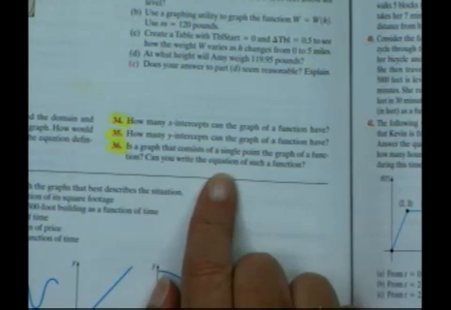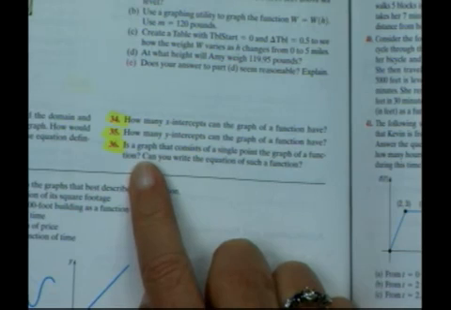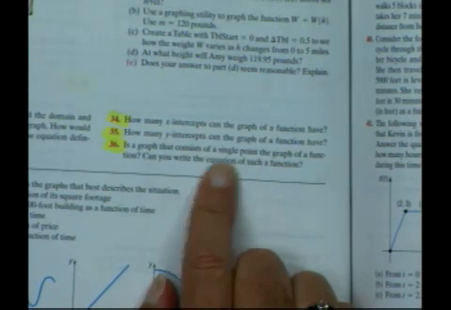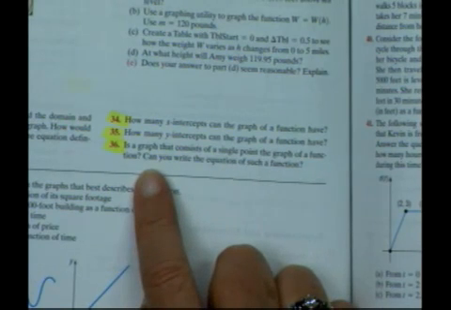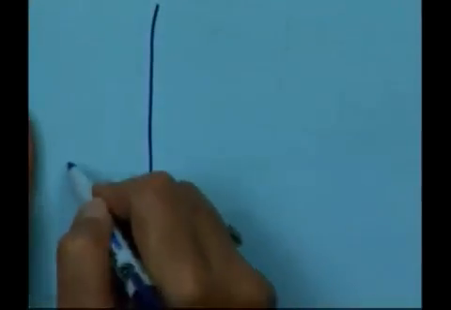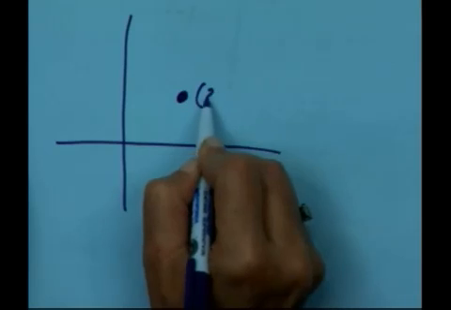Here's a trick question, kind of tricky. Is a graph that consists of a single point the graph of a function? Let's get a visual of what it's saying. I'm just going to plot a point here and call it (2, 5).